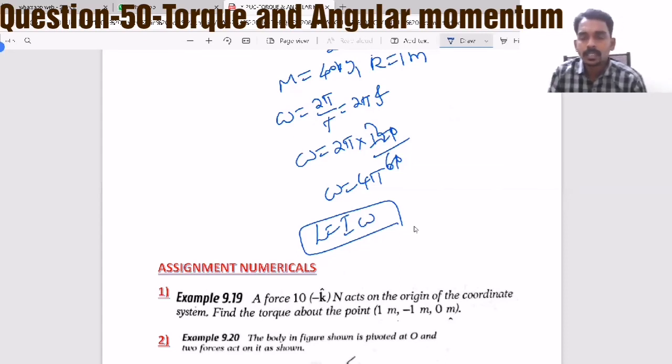But here, as we are discussing torque and angular momentum, they can also ask questions based on torque, where torque tau equals I into alpha. Again, I is moment of inertia and alpha is angular acceleration.